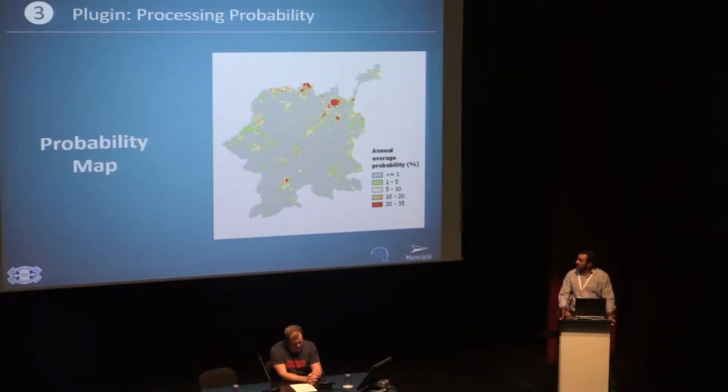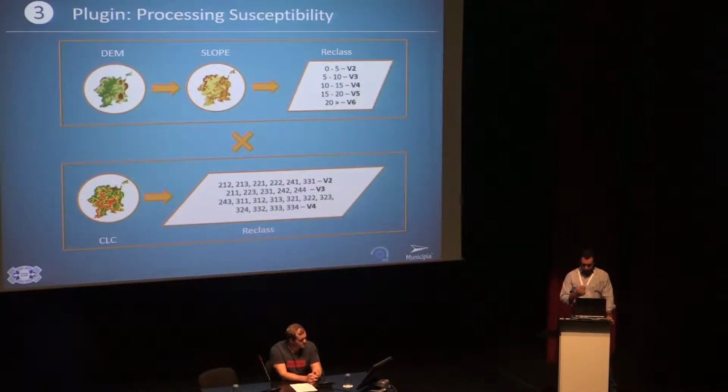So this is our probability map that shows us the average annual probability of each pixel to burn. About susceptibility, the plugin generates a slope map from the digital elevation model and reclassifies it with the reclass GRASS tool with the classes established in the technical guide.